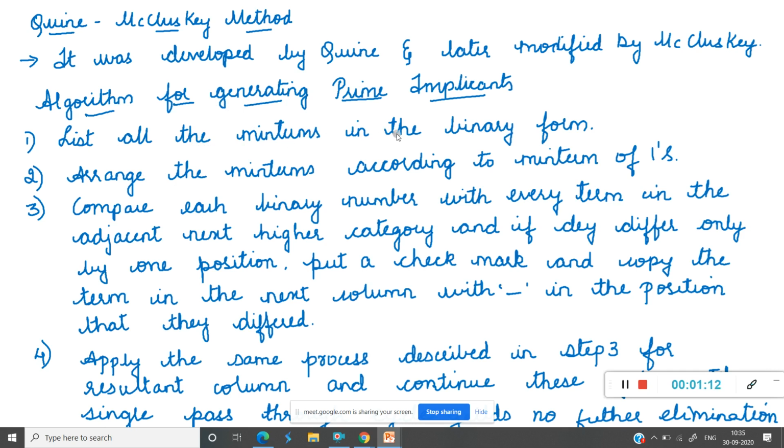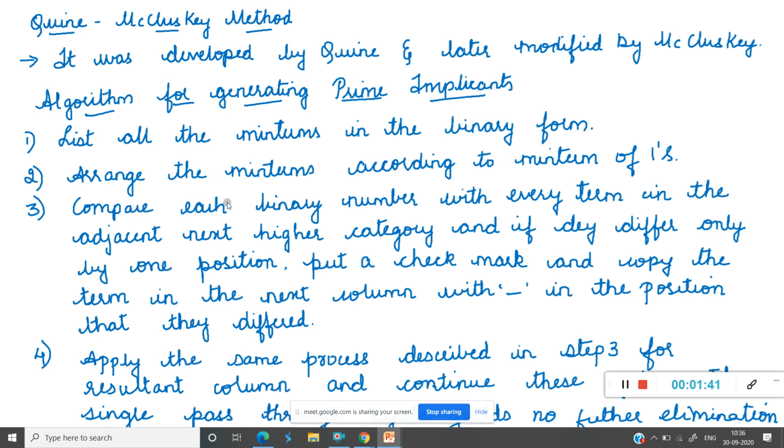Next, arrange the minterms according to the number of ones. In 2, 0, 0, 1, 0, the number of ones is 1. In 3, 0, 0, 1, 1, the number of ones is 2. So you group the minterms according to the number of ones present.